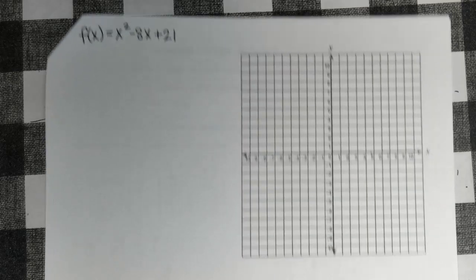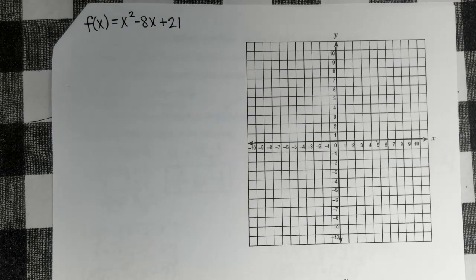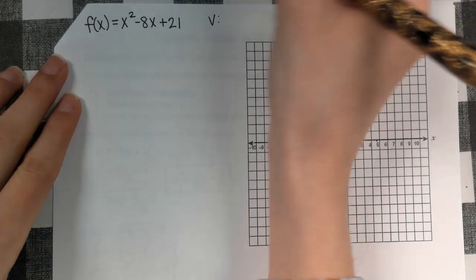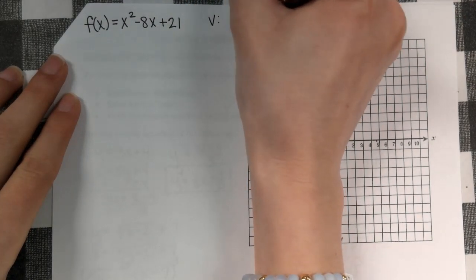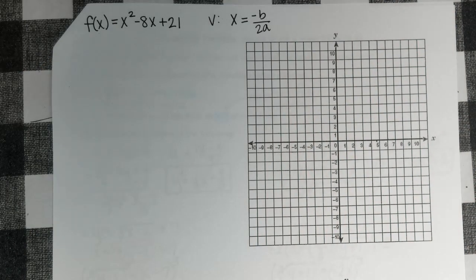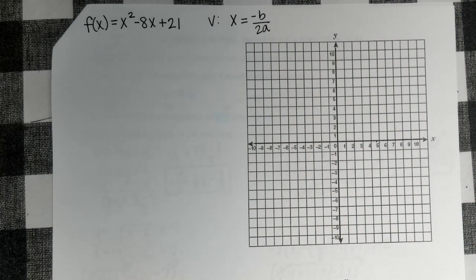For standard form, we're not using the graphing calculator. Does anyone remember the formula on how to find the x of the vertex? Was it a, b, c, 4 times? That's your quadratic formula. Okay, so for my vertex, when it's in standard form, you do x equals -b over 2a. Y'all remember that?